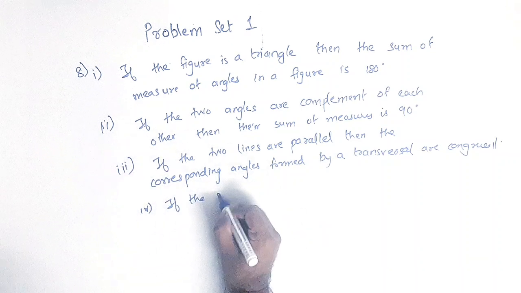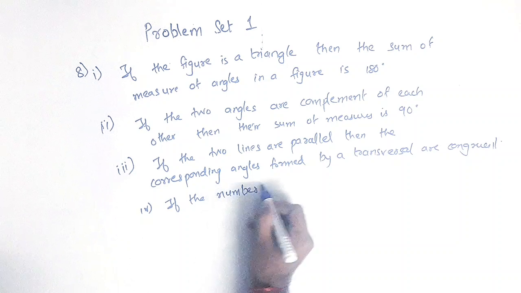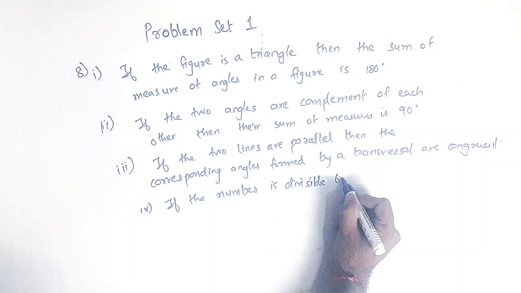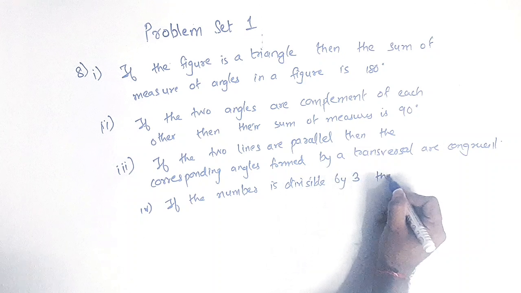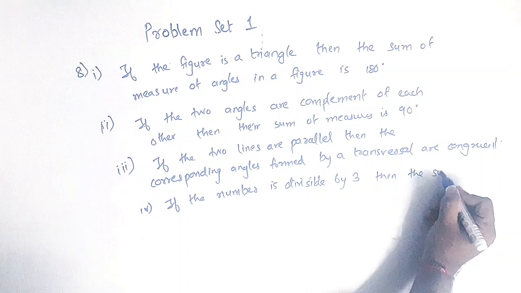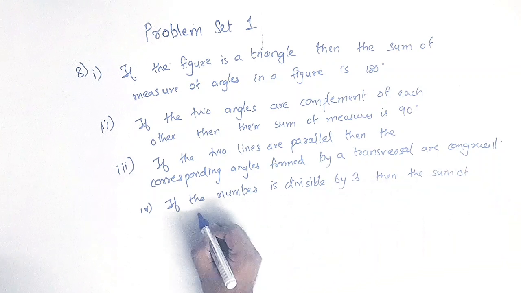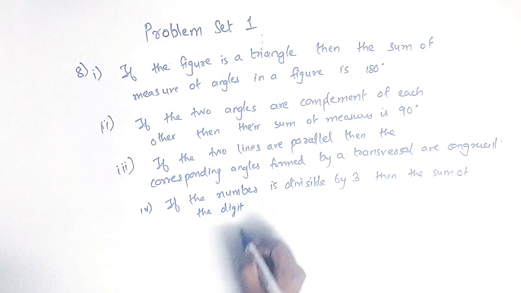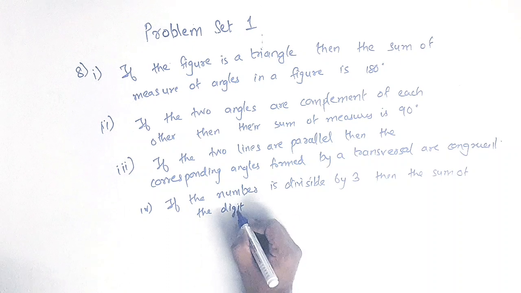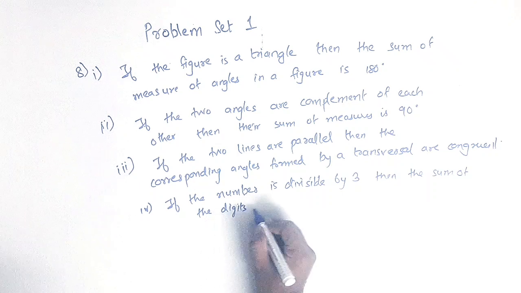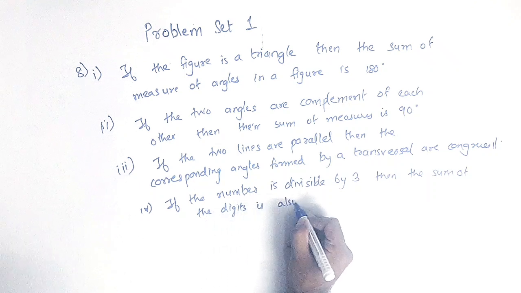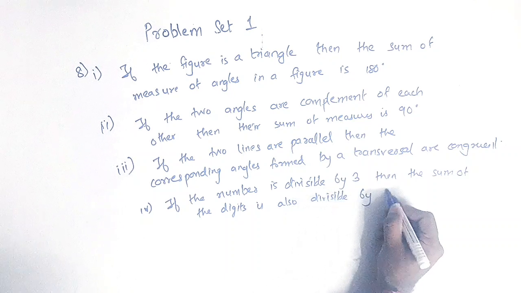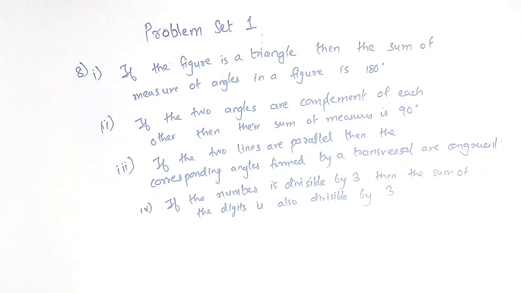If the number is divisible by 3, then the sum of the digits is also divisible by 3. So we are done with the 8th one.